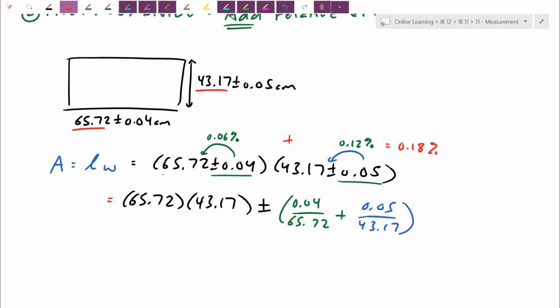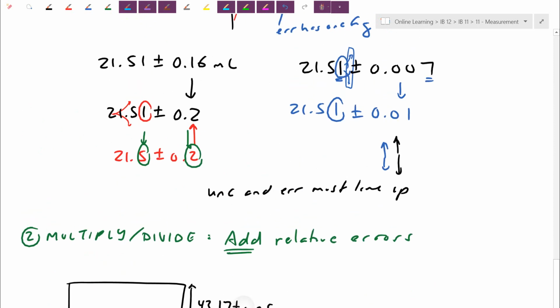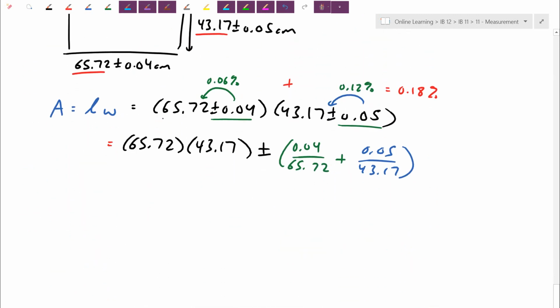I don't usually like a number written as, here's our measurement plus or minus 0.18%. I want to convert that back into absolute. So how I'm going to do that here is this part here, I'm going to still leave it in the decimal form, not actually multiply with the hundreds. This part here would actually amount to that 0.0018. So that's your 0.18% give or take. But that one there, unfortunately, is a percentage.